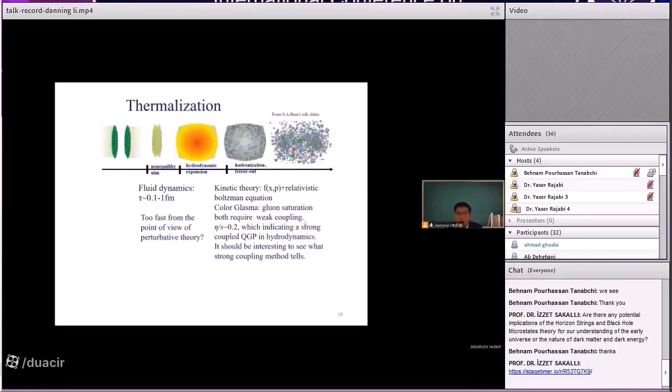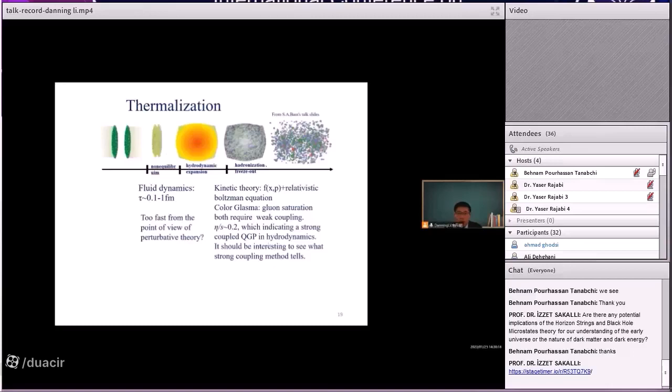But from the hydrodynamic input, the hydrodynamic coefficients, like the shear viscosity over entropy density ratio, are of order 0.1, which indicates a strongly coupled QGP, at least in this stage. So it should be interesting to see what strong coupling methods tell us about this stage.